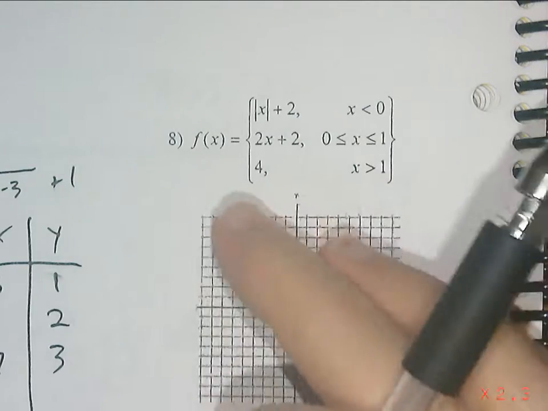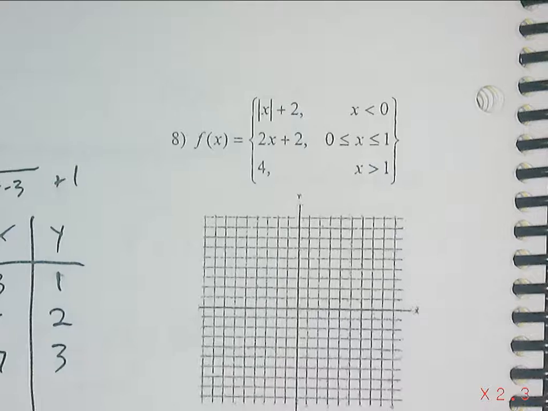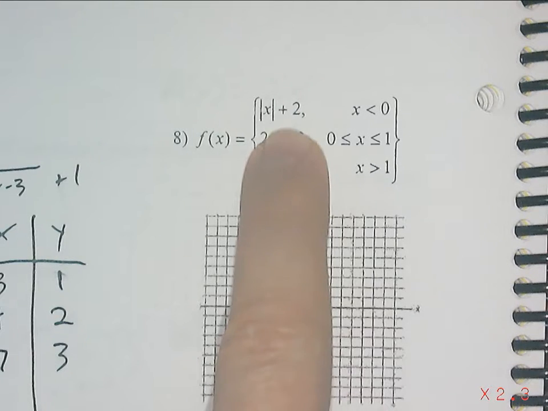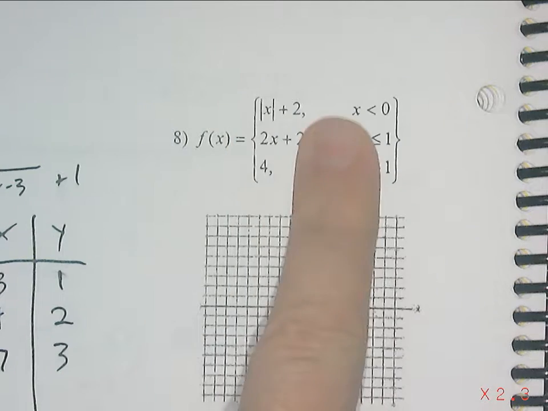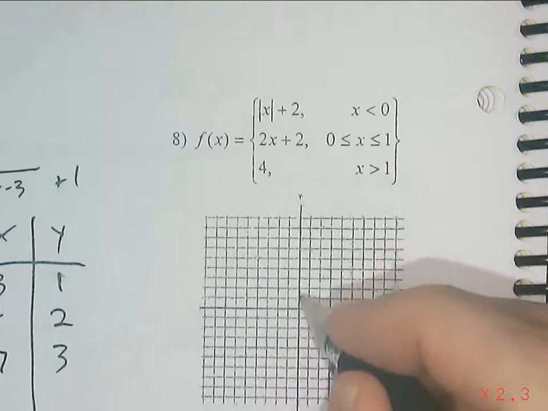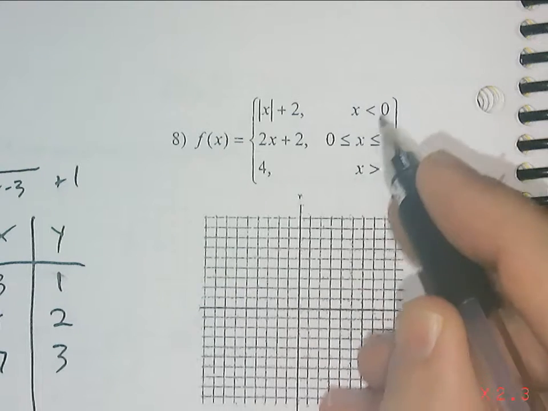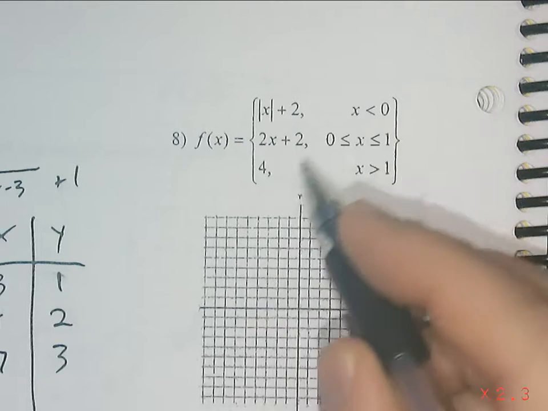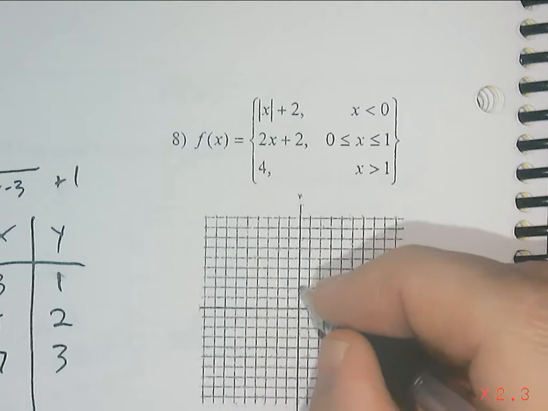So f of x equals 4 is like y equals 4, which would be a horizontal line, right? So I'm going to start with f of x, the absolute value of x plus 2. And so it's going to start at 2 because that's the y-intercept. And it's an open circle, but this one's starting at 2, 2. So it's going to end up being closed. So I'm just going to put a normal dot there.